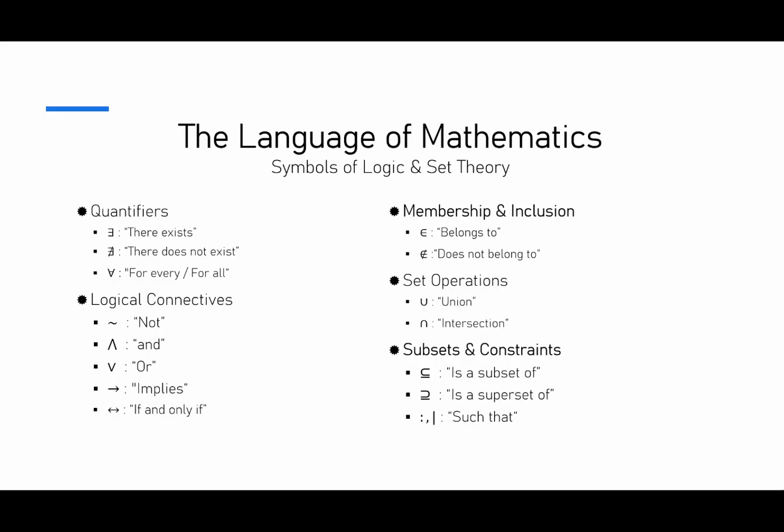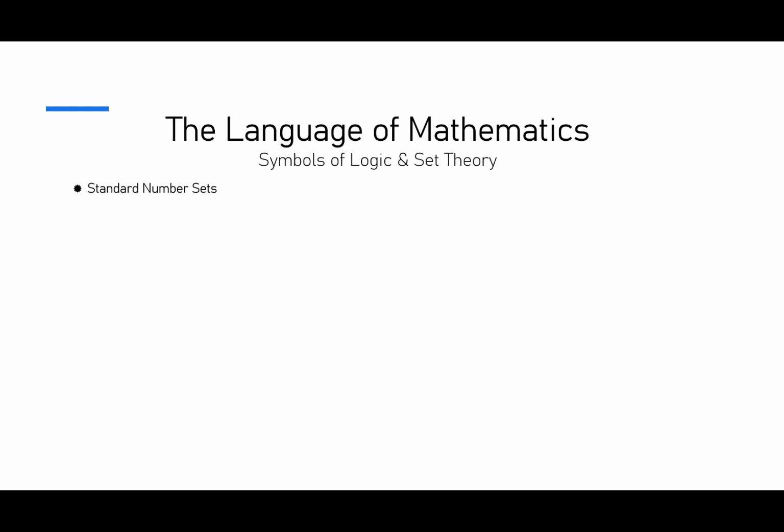Fifth, let's establish the common universes or domain number sets that mathematical entities belong to. We use specific double-struck or bold letters as shorthand. The N with a double stroke represents natural numbers, the set of all positive whole numbers, sometimes including 0, depending on the context. The Z with a double stroke represents integers, which are all whole numbers, negative and positive, including 0.